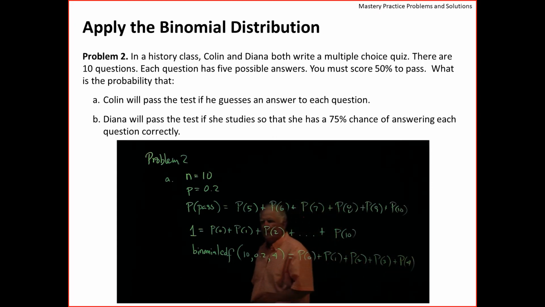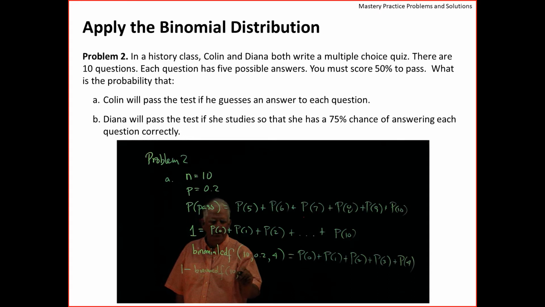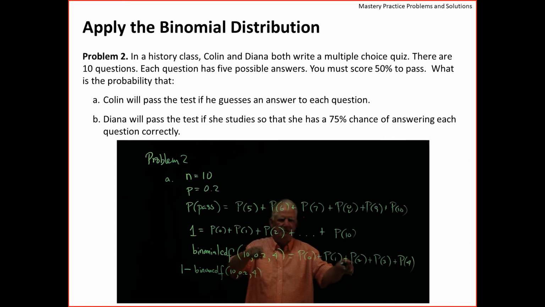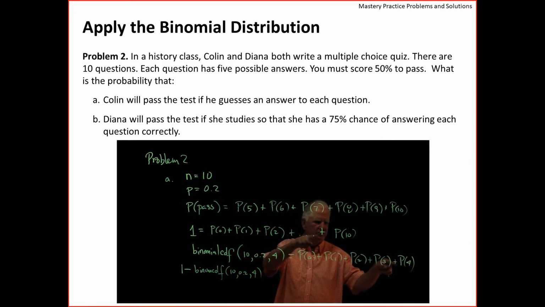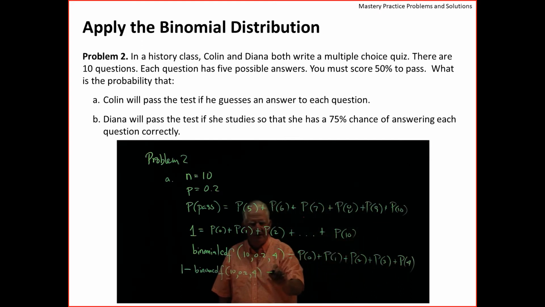So if I subtract these two, 1 minus binomial CDF of 10, 0.2, 4, this P0 cancels this one, this P1 cancels this one, this P2, this P3, this P4, and you're left with P pass for Colin.